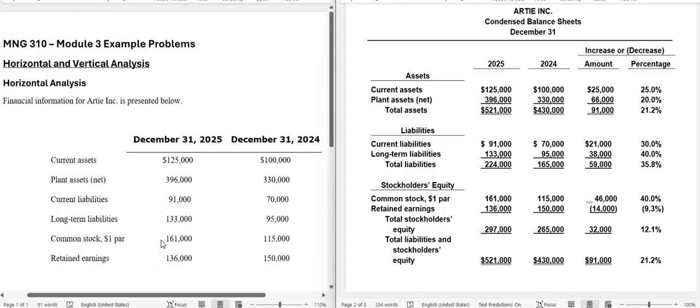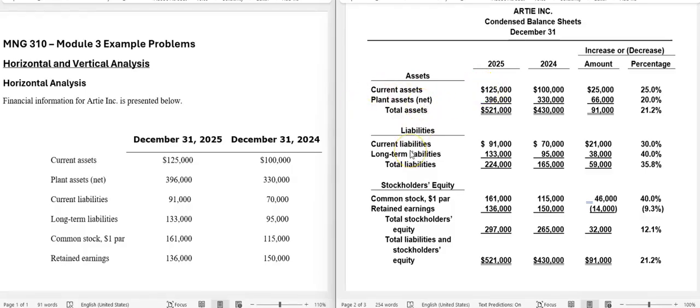So applying horizontal analysis to this company's balance sheet for 2 years, we are going to take this information and put it into our proper balance sheet form. Obviously, this is very simplified. We have grouped all current assets into one lump sum amount, as well as the plant assets.